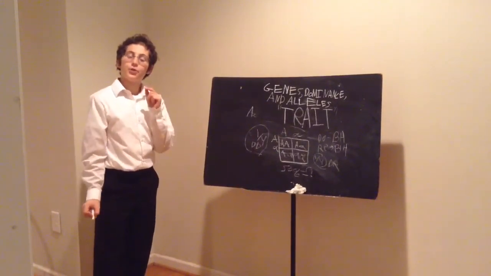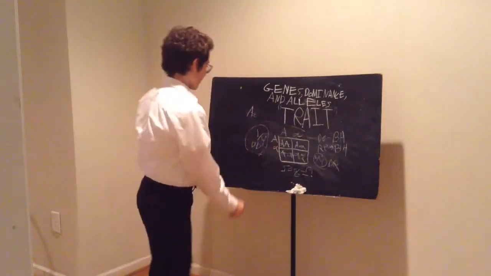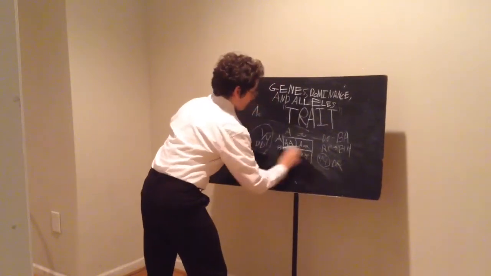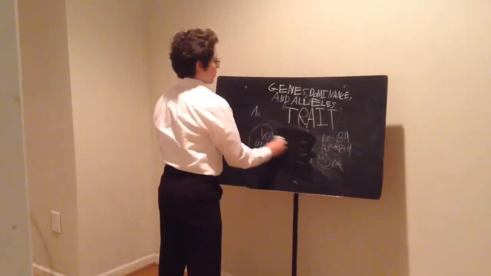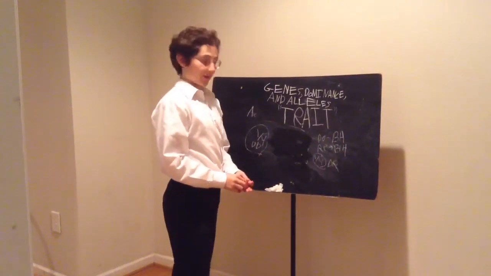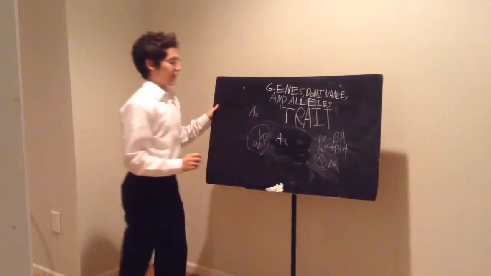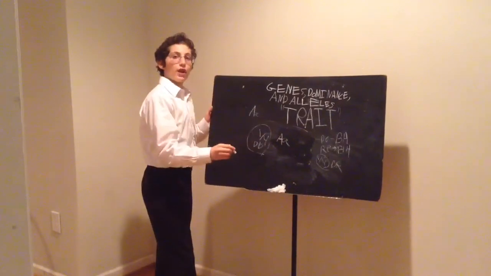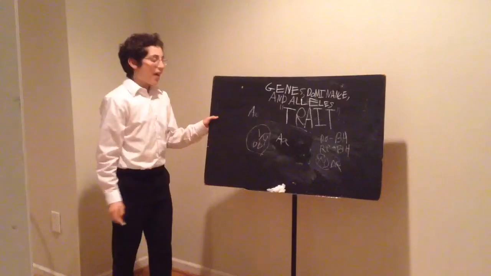Well, all we have to do is think back to the game of trait. When a dominant allele and the recessive allele come together, the dominant allele is going to win over the recessive. So when you have a dominant and recessive allele present, the allele that carries the recessive trait will be overwhelmed by the dominant trait.